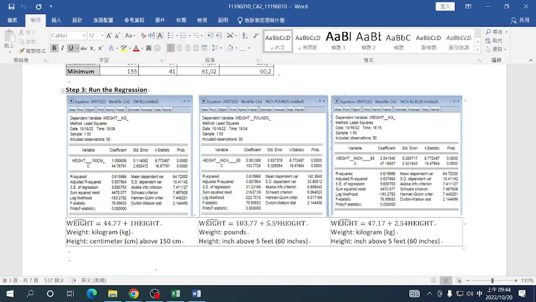From the report, kilogram is this, right? The coefficient is 2.54.